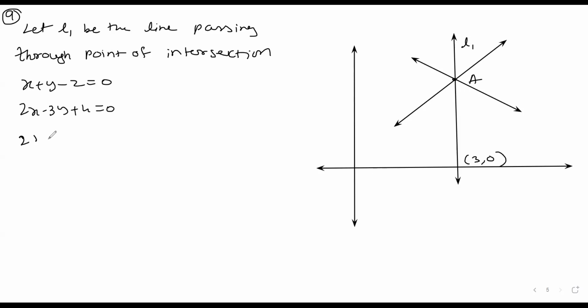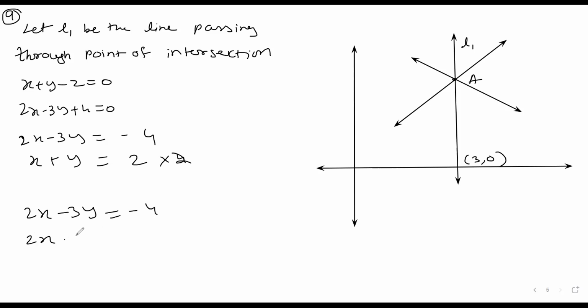So I will solve 2x minus 3y is equal to minus 4 and x plus y is equal to 2 simultaneously. We can multiply this by 2. We will get 2x minus 3y is equal to minus 4 and 2x plus 2y is equal to 4. Say this is minus. हे कट होऊन जाईल. हे will be minus 5y आणि हे येईल minus 8. Y will become 8 by 5.